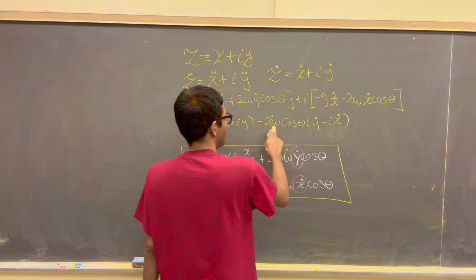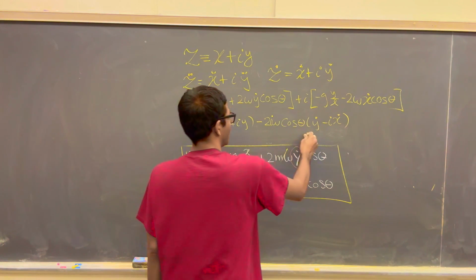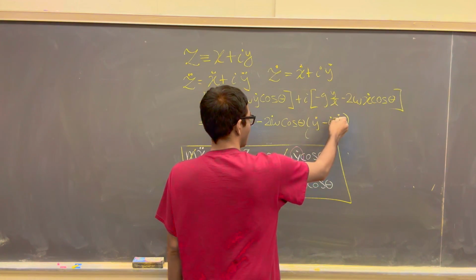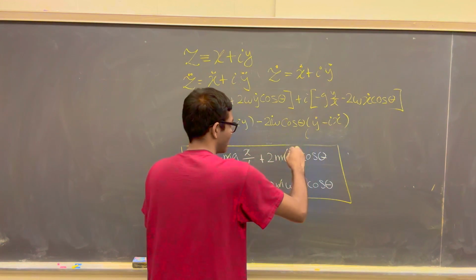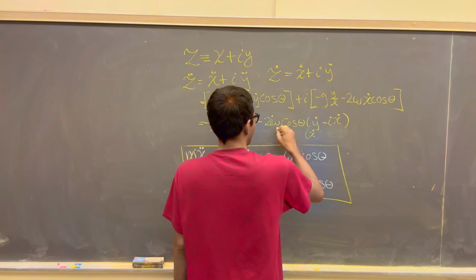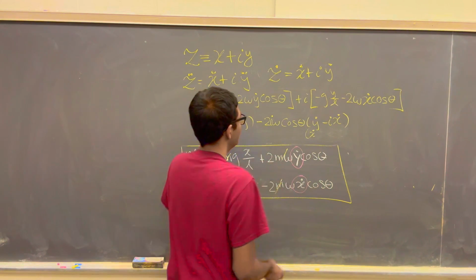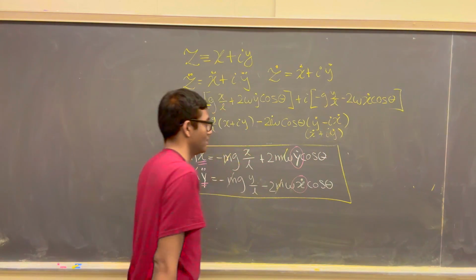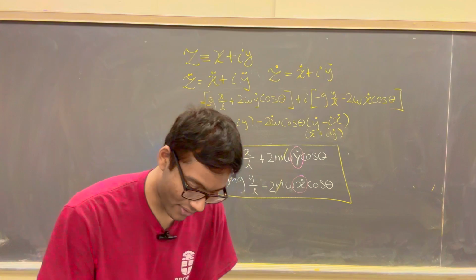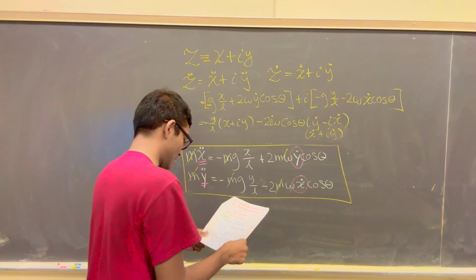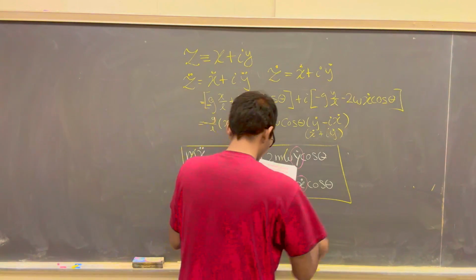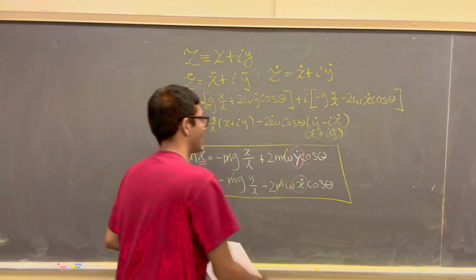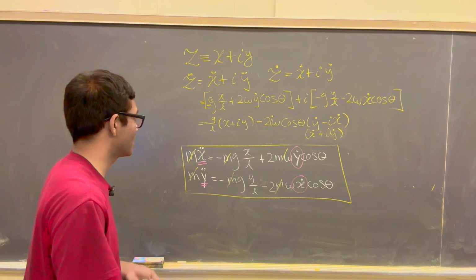Then this i will multiply, so I'm going to have minus i squared here, which is going to be positive 1. That's going to give me x dot, and then I'll have plus i y dot. Let me make sure I've been careful with my signs. So we've got minus 2i omega cosine theta times x dot plus i y dot. Okay, very good. So that should be correct.